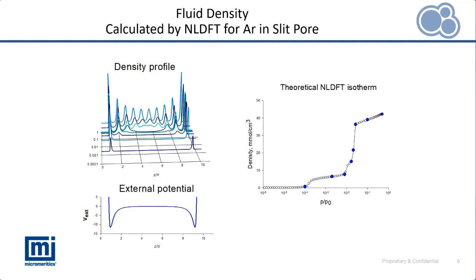We notice the density in the center of the pore is 0. Then, if we increase pressure even more, this second peak will grow, and then we obtain a third peak near the wall, and this would be a point here on the isotherm.